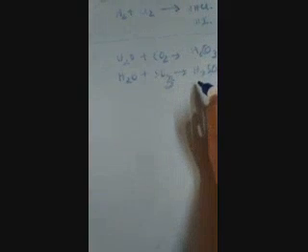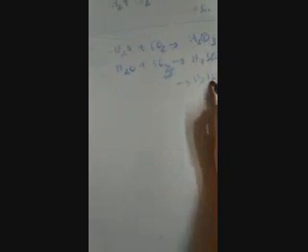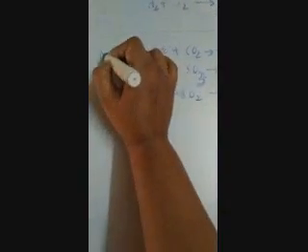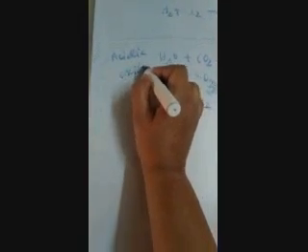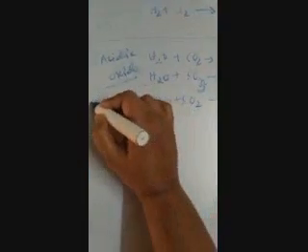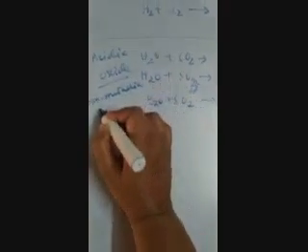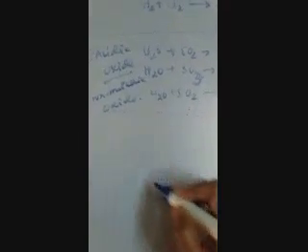Next, for H2SO3, we will get it from sulfur dioxide and water. So these are all from your acidic oxides, that is non-metallic oxides. Got it? Acidic oxide means non-metallic oxide.